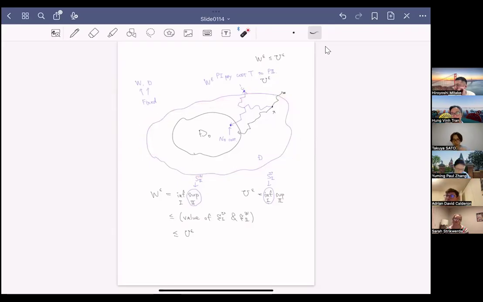So we needed to compare the two values by using this trajectory, and we needed to consider these two values to go back to the domain D0. Okay. Yeah.